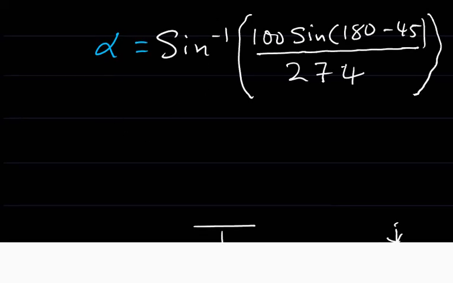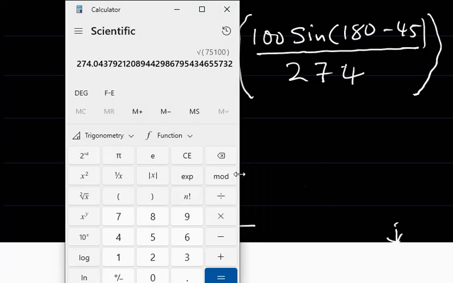So invariably now, alpha will be equal to, 180 minus 45 is 135.